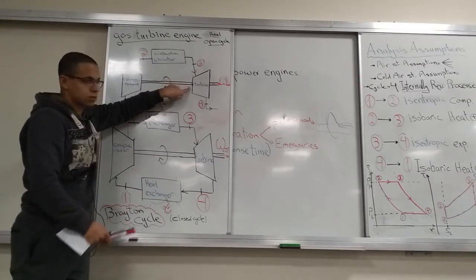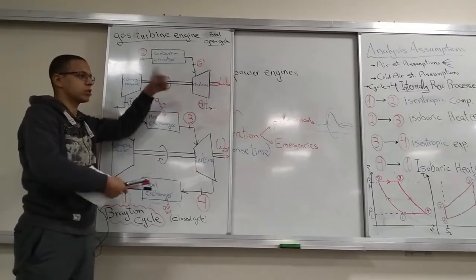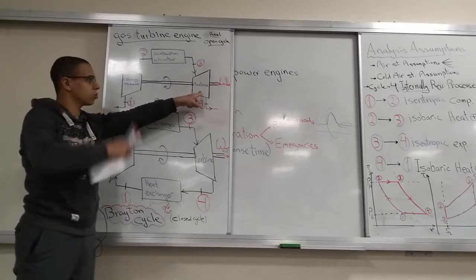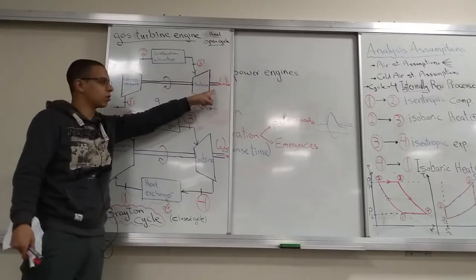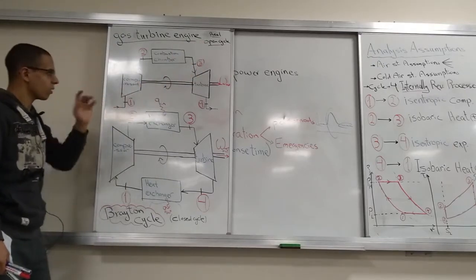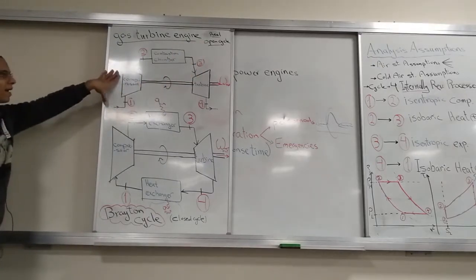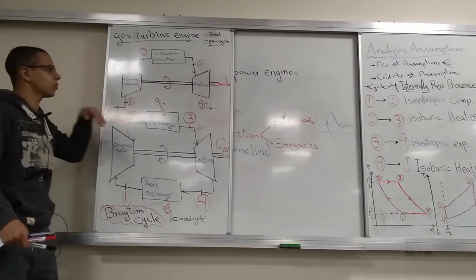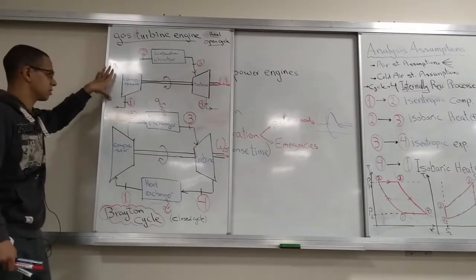Then this combustion product, which is at high temperature and high pressure, is passed through a turbine to extract work from it, and then the exhaust products are exhausted away and are not recycled back. This is a single stage; the actual one might be multi-stage.